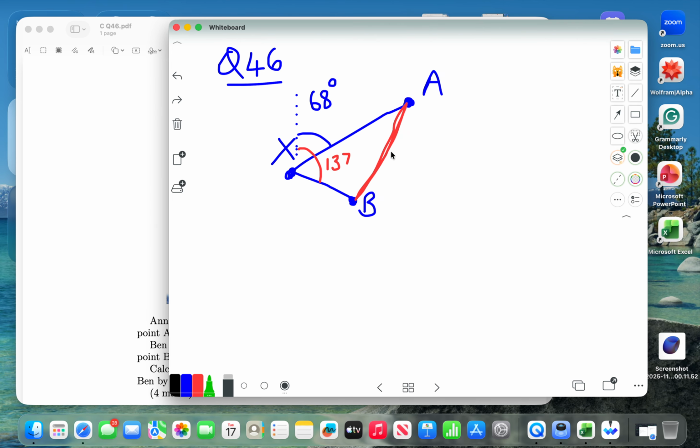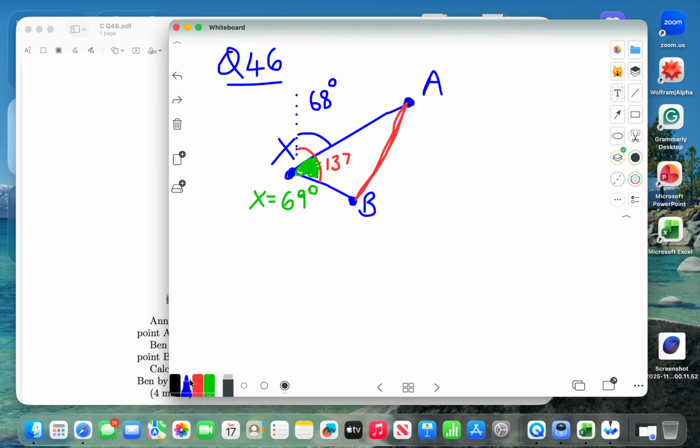So the angle that I'm going to shade in green is the angle X, and that's 137 minus 68, and angle X is 69 degrees. We don't have to put a 0 in because this is not a bearing, it's just the size of the angle.